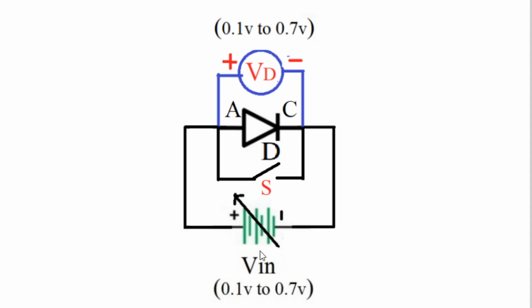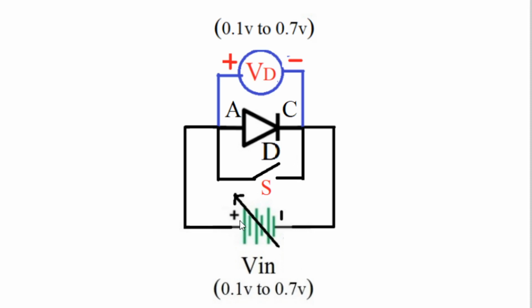Therefore, applied input voltage Vin, which is used to forward bias the PN junction diode, is less than knee voltage of the PN junction diode, or this input voltage is less than barrier potential of the PN junction diode. Therefore, this diode also will not conduct up to 0.7 volt, and it is shown as an open switch. So this open switch is again equivalent of non-conducting PN junction diode up to 0.7 volt.